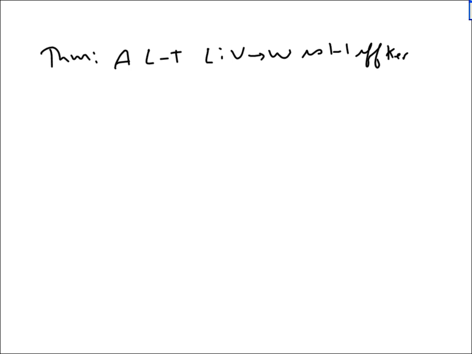Okay. And here's a very powerful theorem. A linear transformation L from V to W is 1-to-1 if and only if the kernel of L is the zero vector.